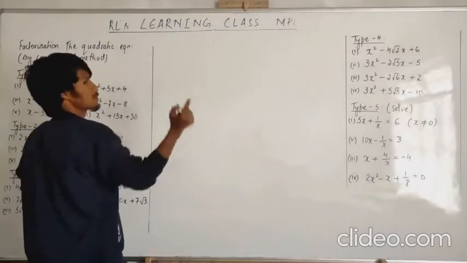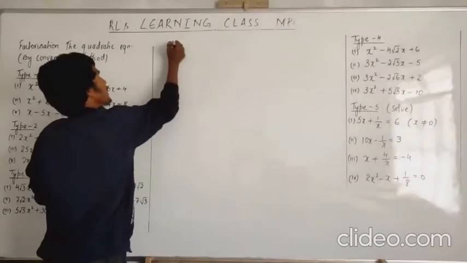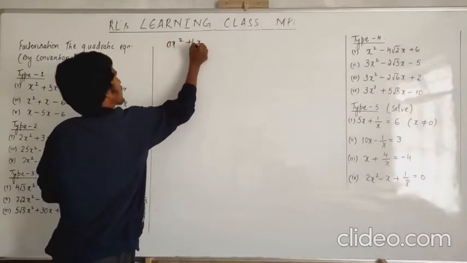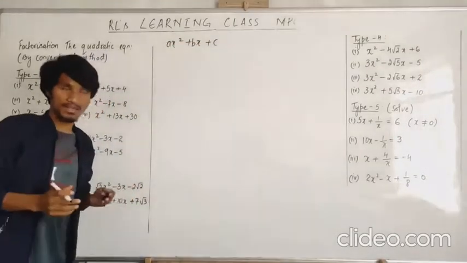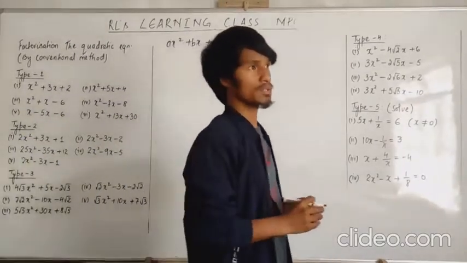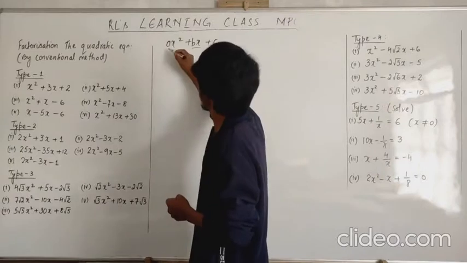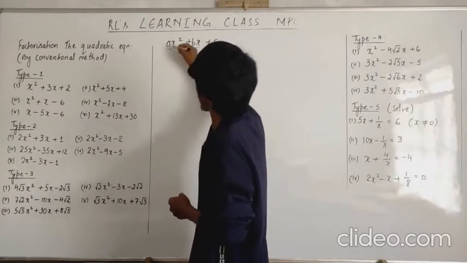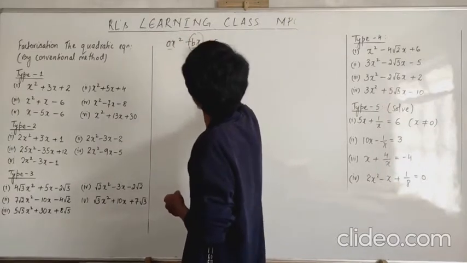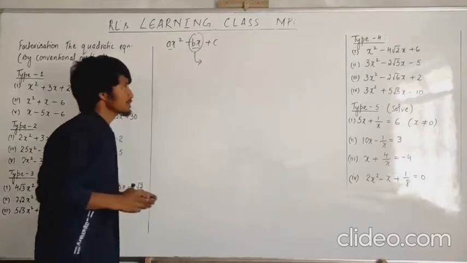The general form of a quadratic equation is ax square plus bx plus c. This is the middle term, and this is the first term.